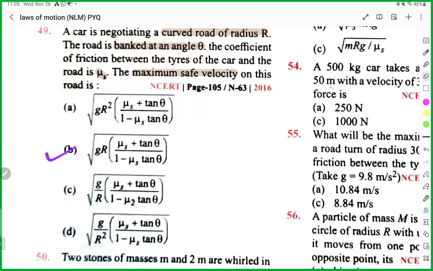What do you say, Radhika? So can you repeat your question once? Like, what do you say about this question and this formula?